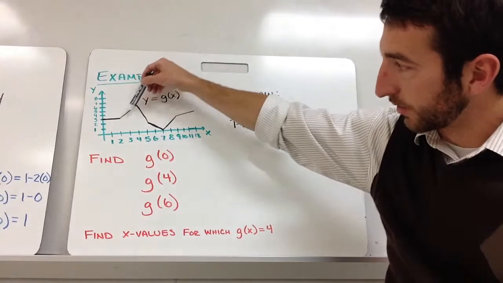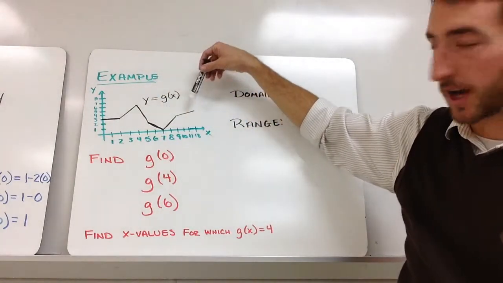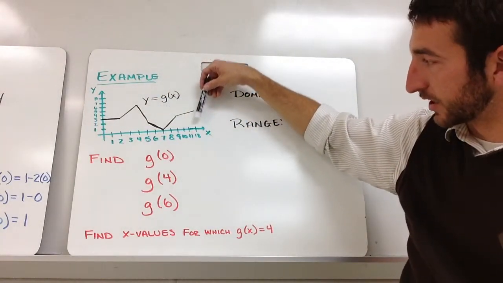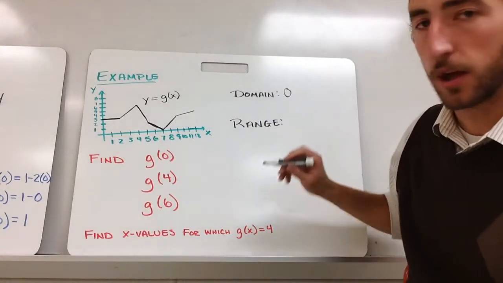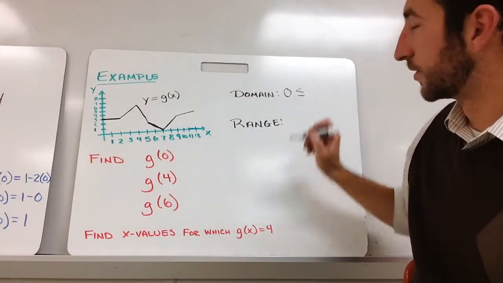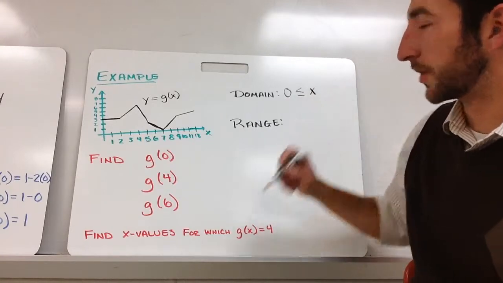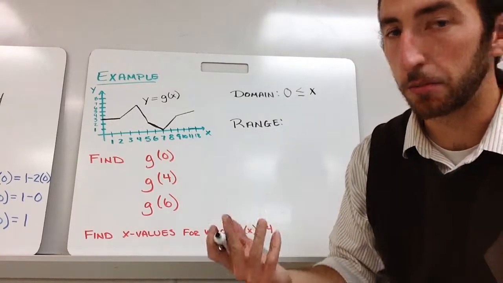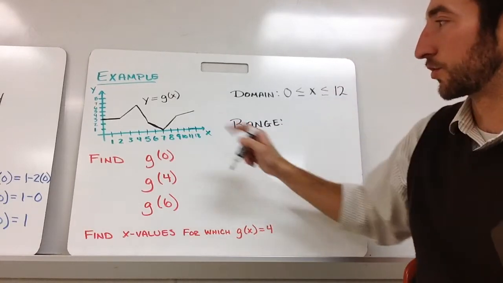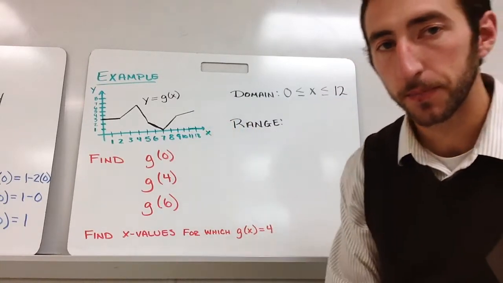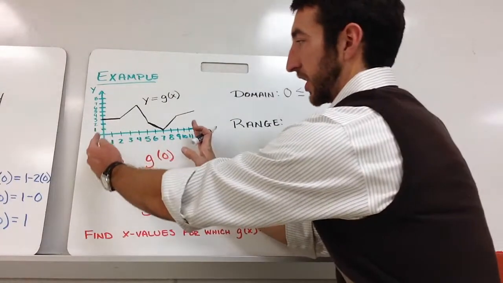This is a continuous graph, so there are no gaps, and it finishes at 12. So the way that we would write that is 0 is less than or equal to x, because remember that's our domain, our inputs, our x values, is less than or equal to 12. So 12 is the most that it can be.